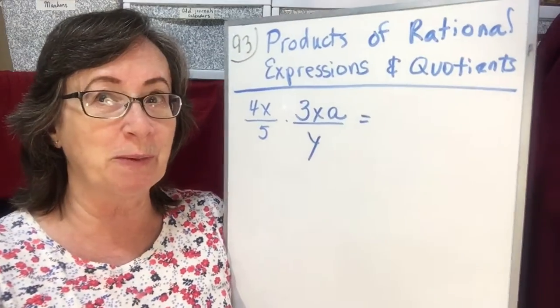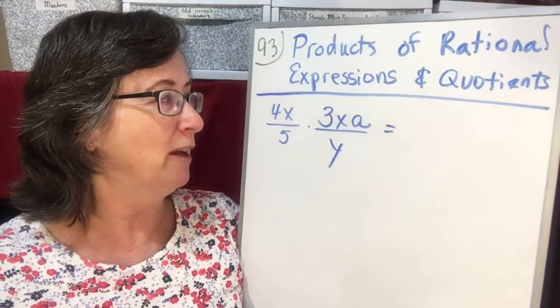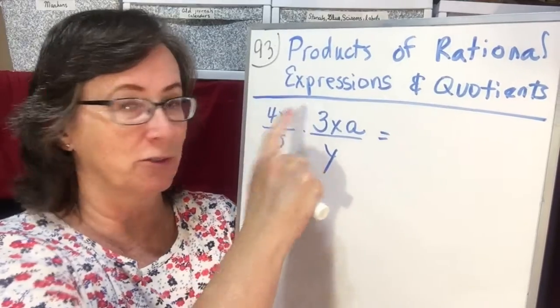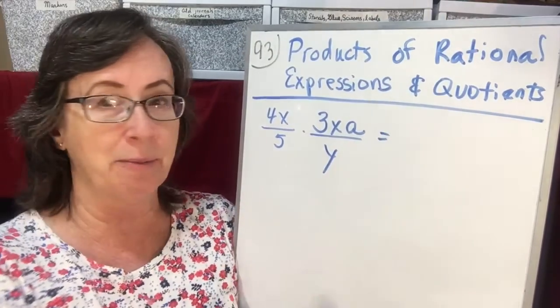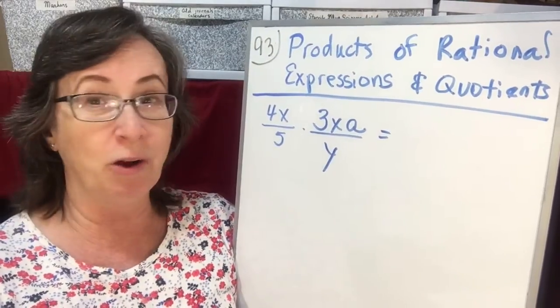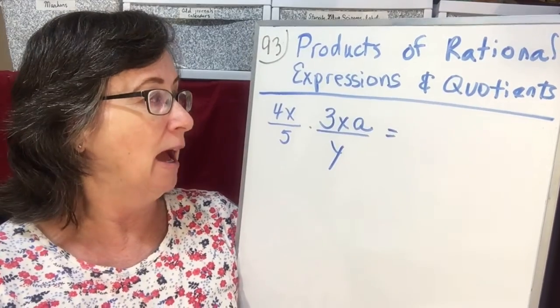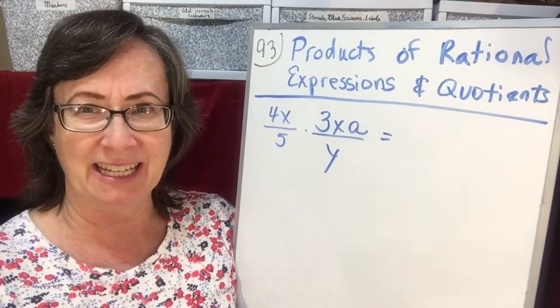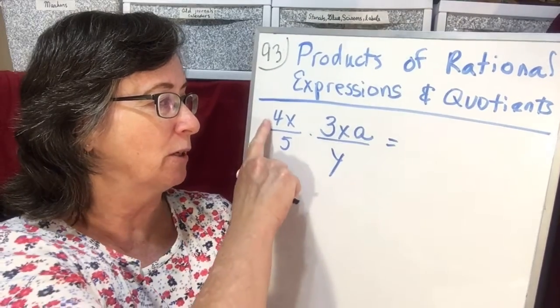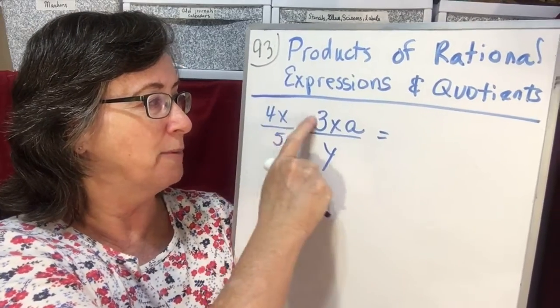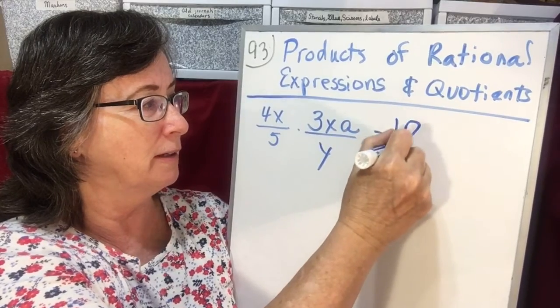So when we're multiplying fractions, we know that we multiply the numerators together and we multiply the denominators together. We're always going to want to cancel anything that we can. In this one, it doesn't look like anything will cancel. So we're going to go across. 4 times 3 is 12.